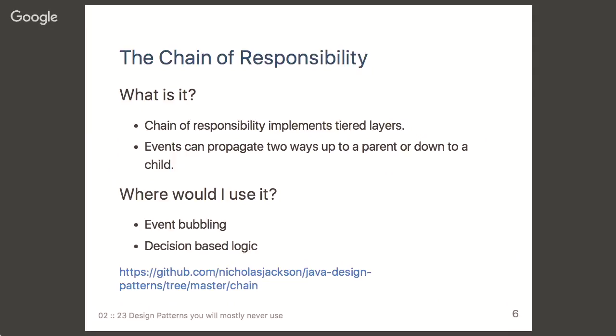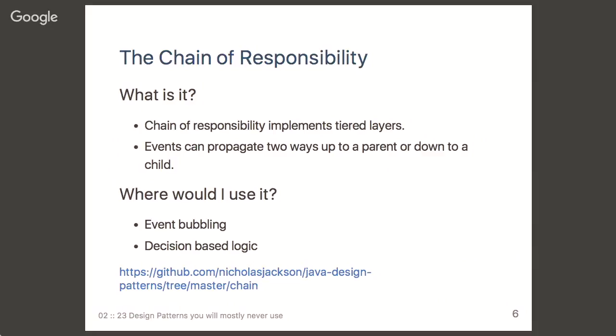So, chain of responsibility. I'm going to have to fly through these a little bit quickly, but chain of responsibility is a really useful pattern. Think about it in terms of a layered tier of hierarchy. If you can't handle a request, then you can either pass it down to a subordinate or you can pass it up to a parent.